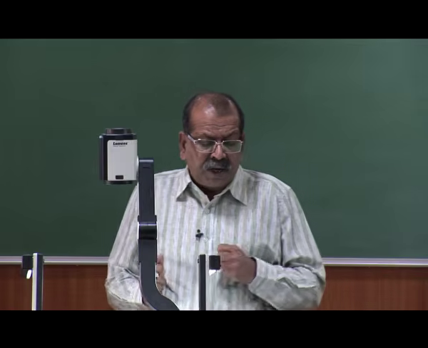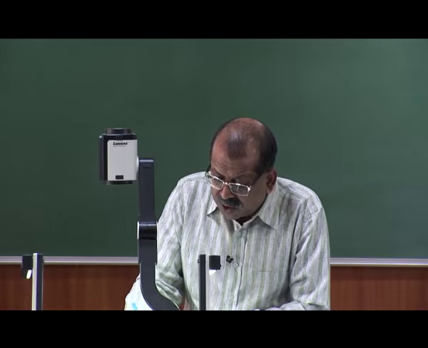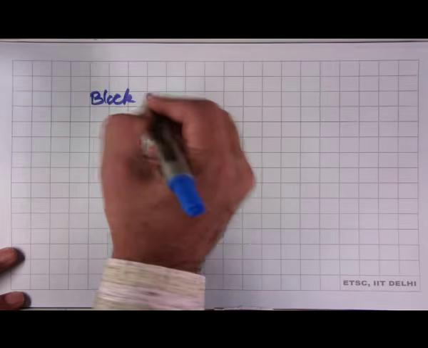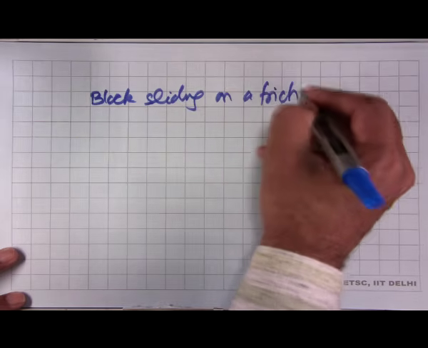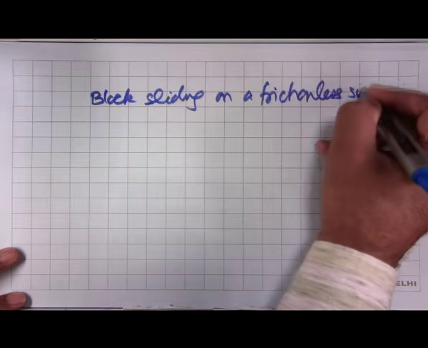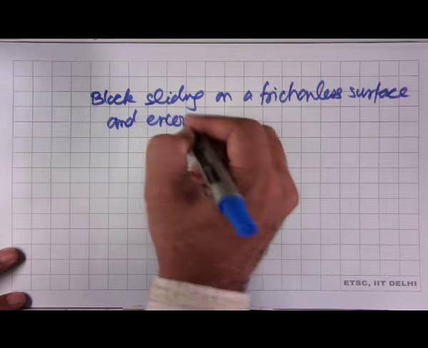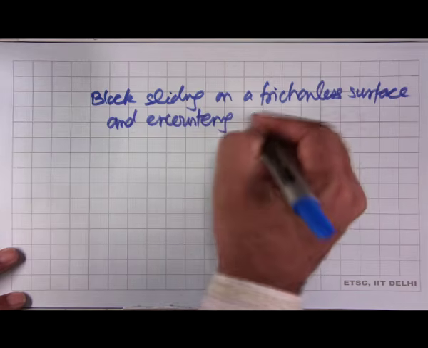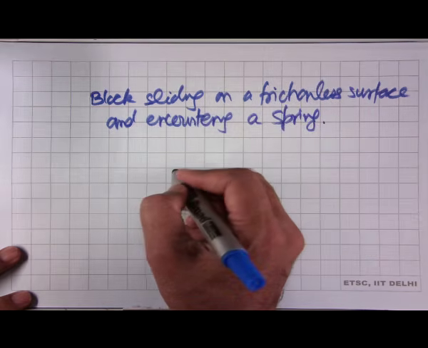Let us now look at a second case of a block sliding on a frictionless surface and encountering a spring.